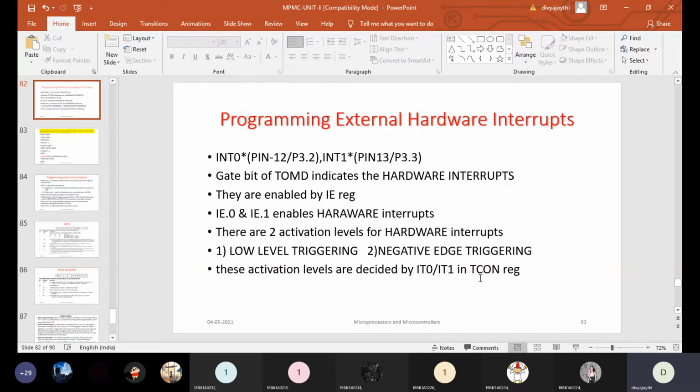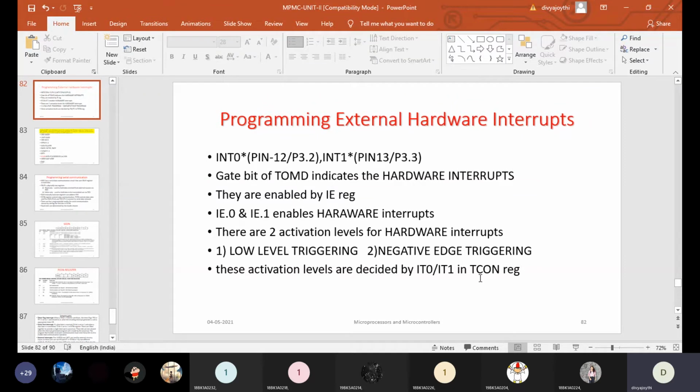And next, as they are interrupts, they need to be enabled. So for enabling any kind of interrupts of the 8051 microcontroller, we have one register called the IE register, that means interrupt enable register.